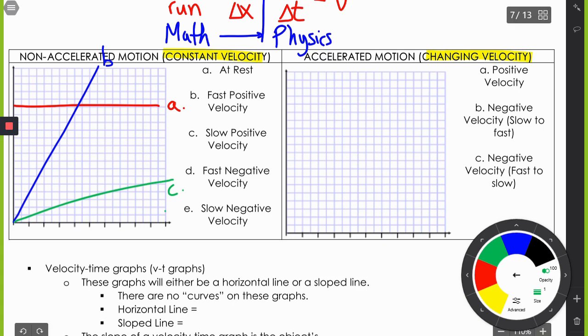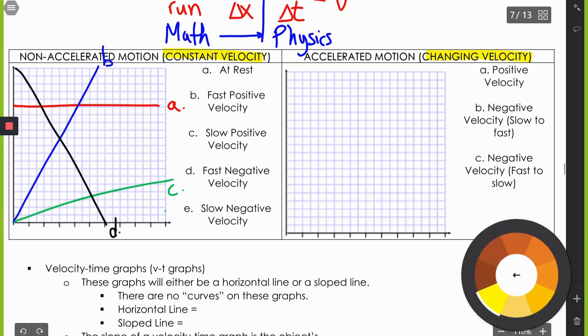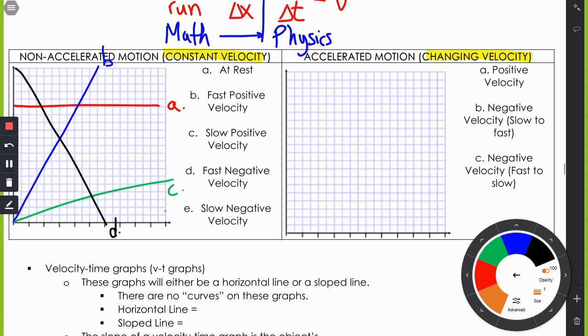Now, if we do the fast negative, okay, now the difference would be that it's going to decrease as you go from left to right, as opposed to increasing from left to right. Let's do an orange color, right? Because the yellow can get very bright. And now if I want a slow negative, right?